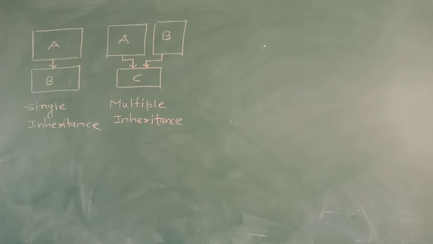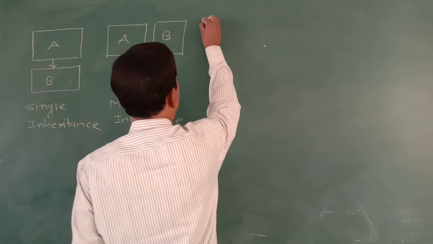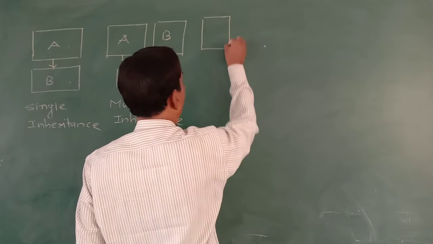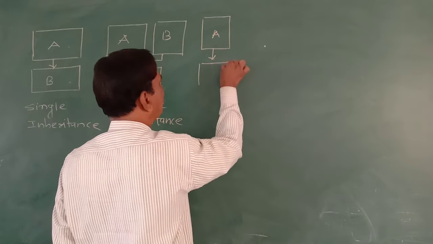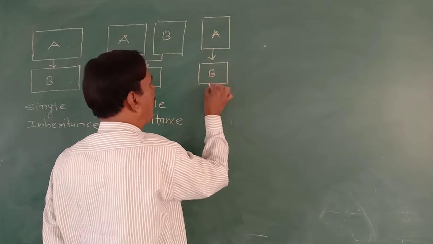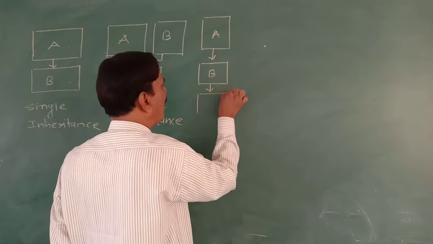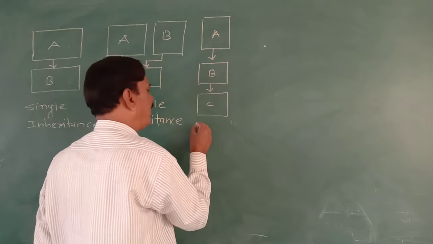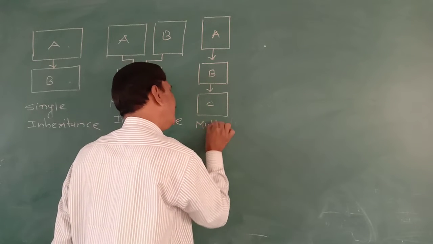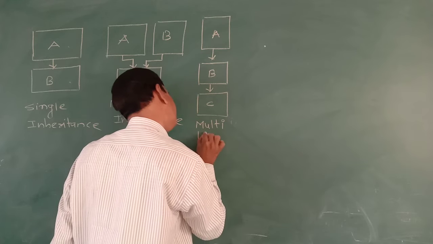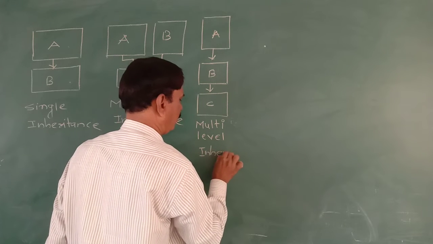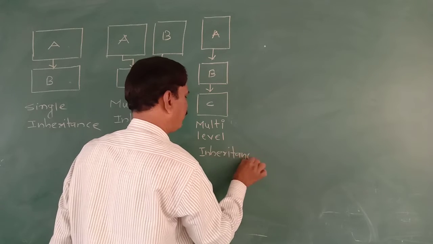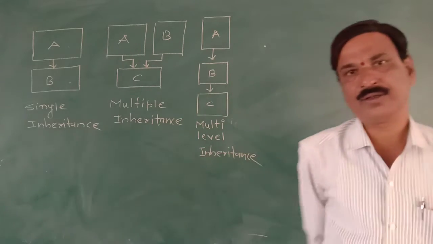Now, third, class A inherits to class B, class B inherits to class C. That is called multi-level inheritance.